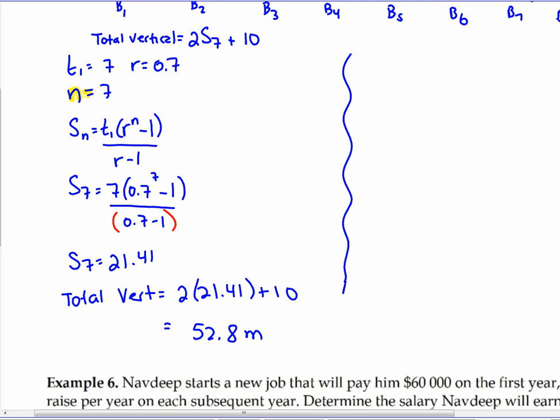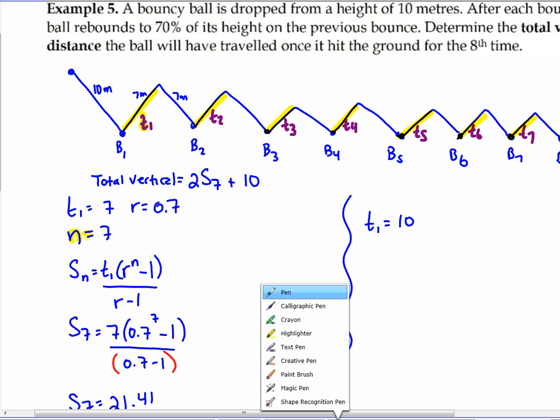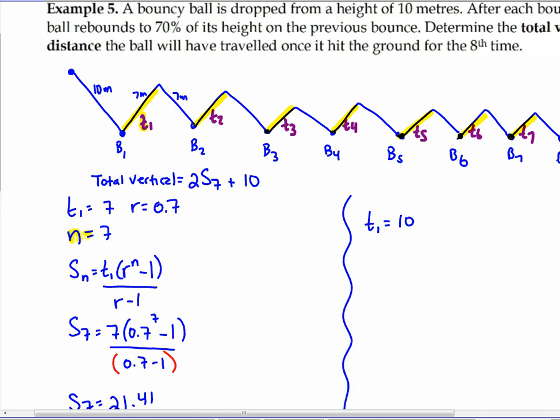Now, there's another way to set up this formula, and I want to show you that as well. That's if you use your term 1 equal to the 10. So if you want to make term 1 equal to 10, that's totally fine. If we did that, 1, 2, 3, 4, 5, 6, 7, 8, we need to find 8 terms, the sum of the 8 terms.